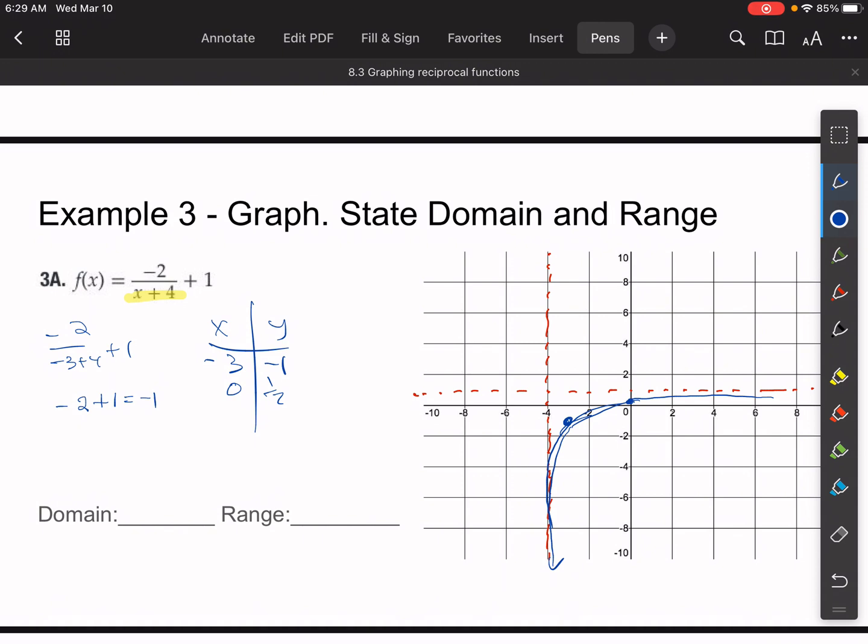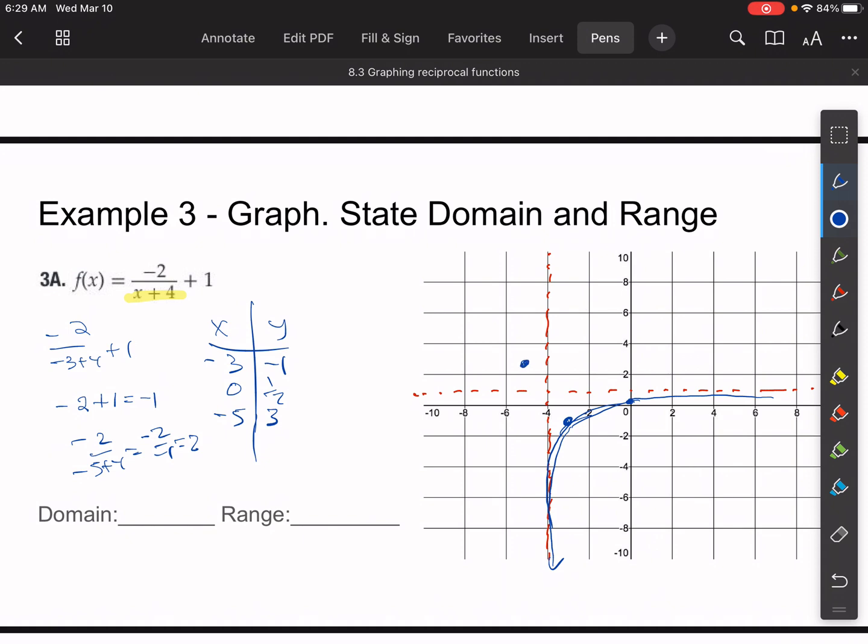Then if we go on the other side of -4, let's just confirm here. So let's plug in a -5. At -5, we would have -2 over -5 plus 4, we get -2 over -1, which is 2. 2 plus 1 is 3. So at -5, we're at 3.